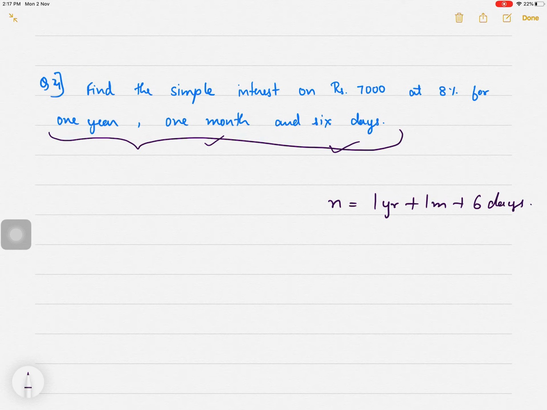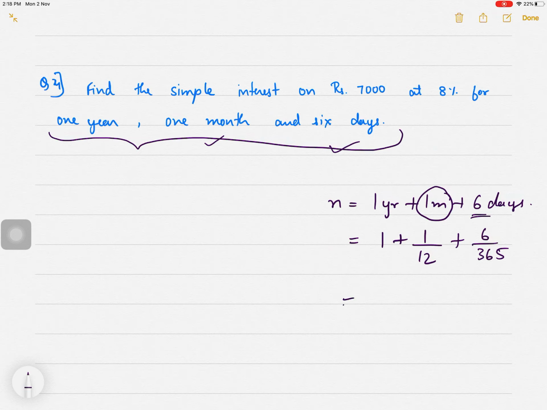Okay, so 1 year is 1 year only. 1 month means you convert it into year. Okay, so there are 12 months in a year, correct? So 1 by 12. Okay, 6 days, there are 365 days in a year, so 6 by 365. So now you have converted month also in year and days also in year.